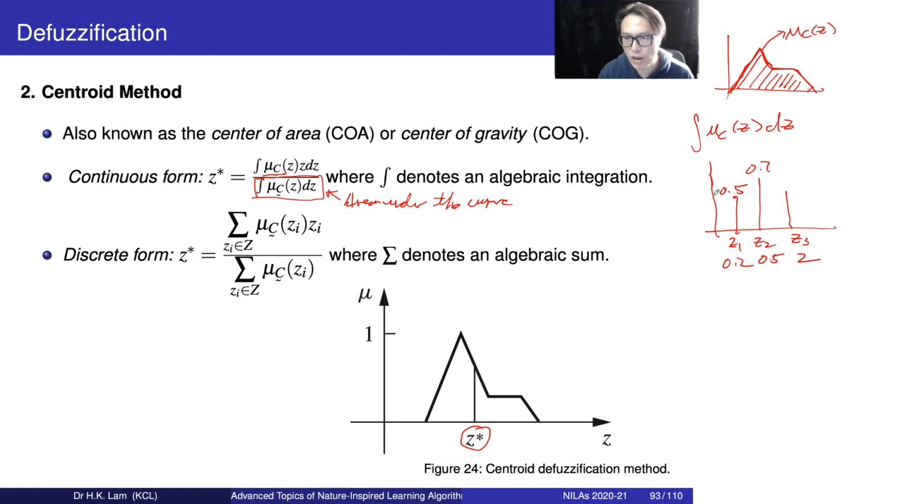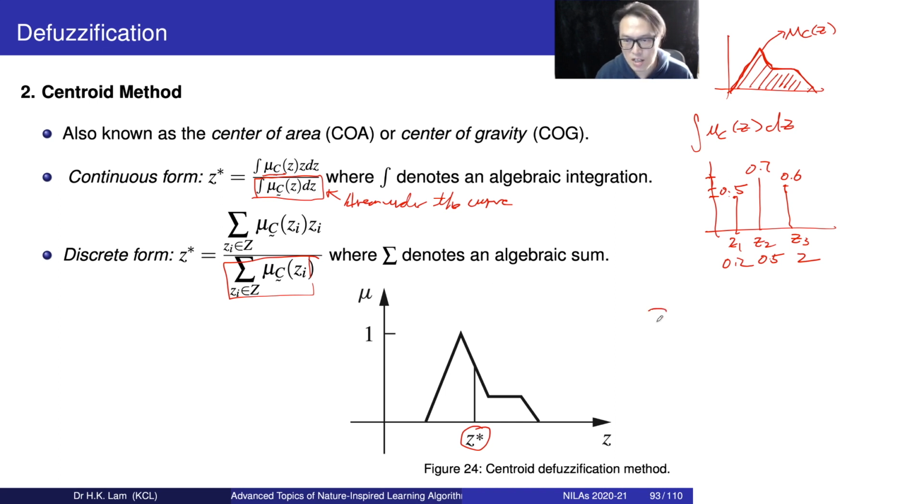What I mean, 0.5, that is the value in the y-axis, and then this one may be 0.6, okay, in the y-axis. Now look at the denominator. The meaning of this denominator, that is the summation of all these three values.